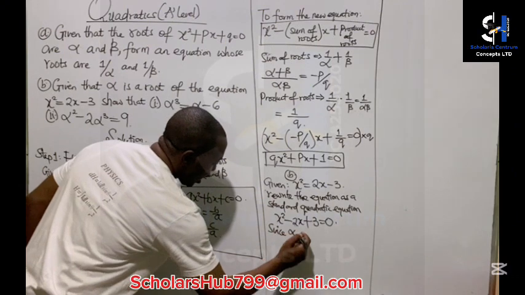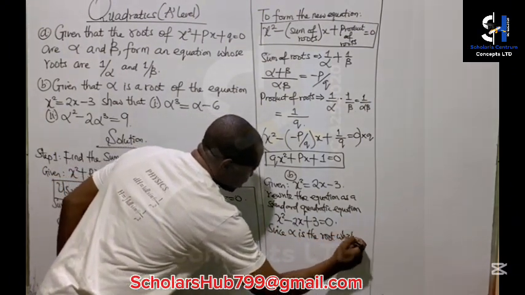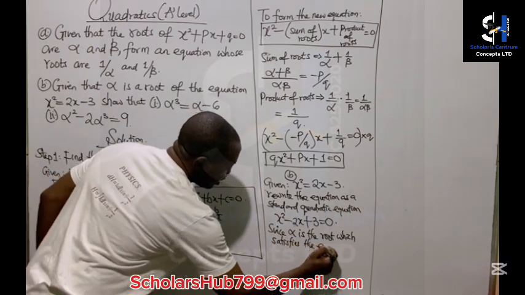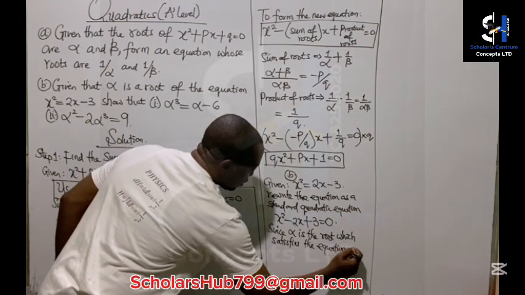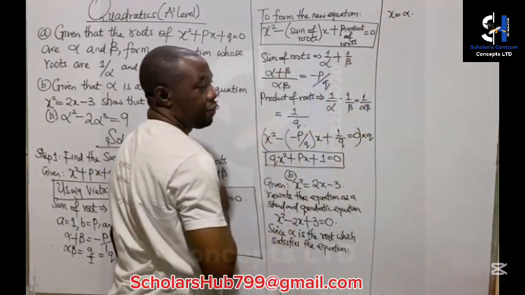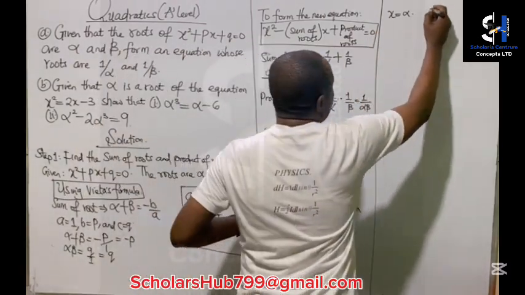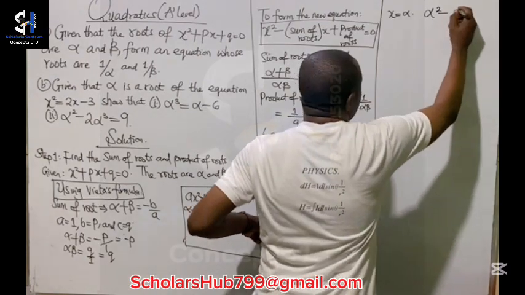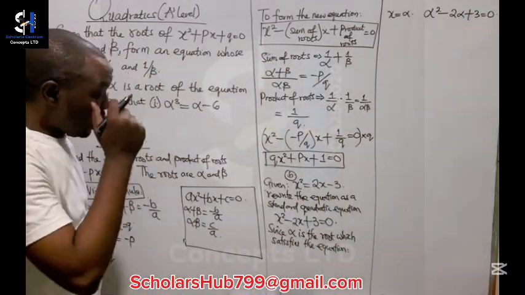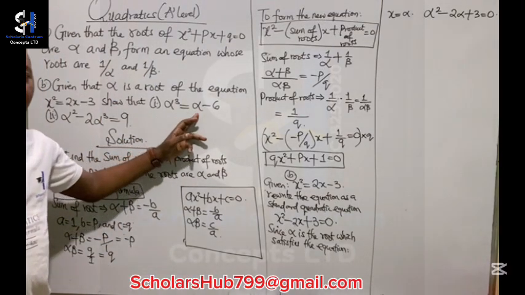Since alpha is the root which satisfies the equation, we have x equal to alpha. So the equation becomes alpha squared minus 2 alpha plus 3 equals 0. Don't forget that we want to show that alpha cubed equals alpha minus 6.